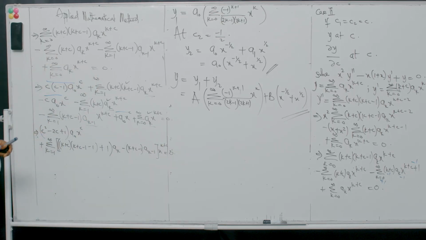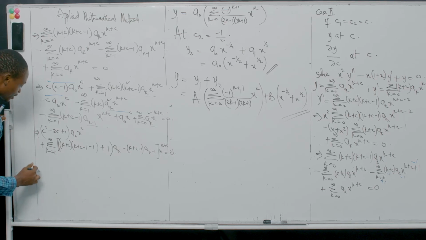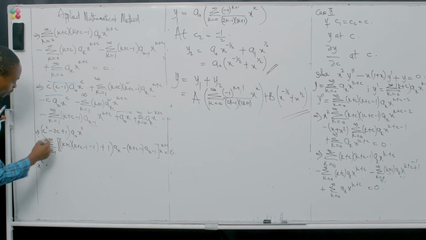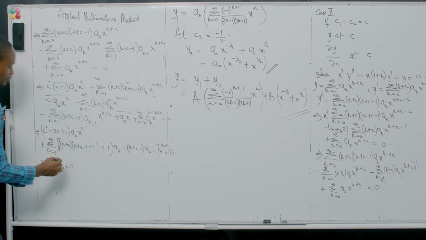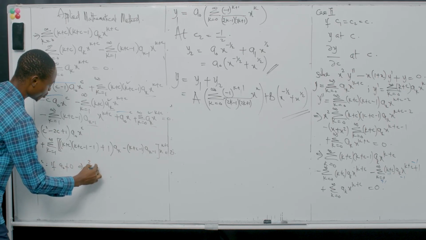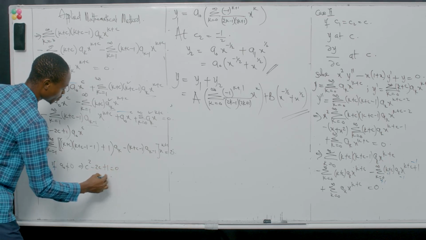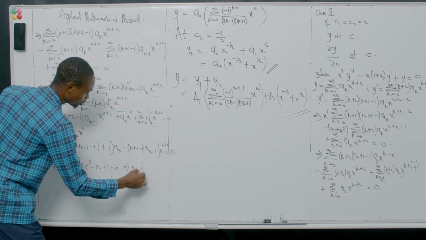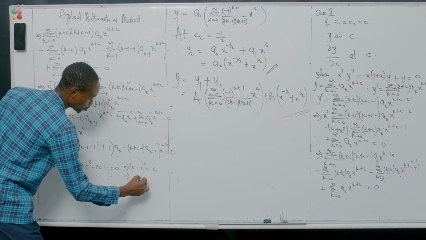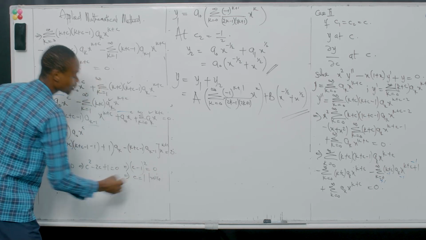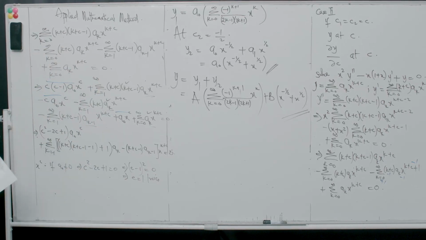Now, this first equation, which is x raised to the power c, if a naught is not 0, what happens? You will have c squared minus 2c plus 1 is equal to 0. Obviously, this is (c - 1) all squared. Obviously, this is telling you that c is equal to 1 twice, which is why we have that case.